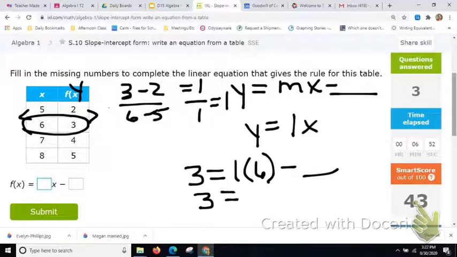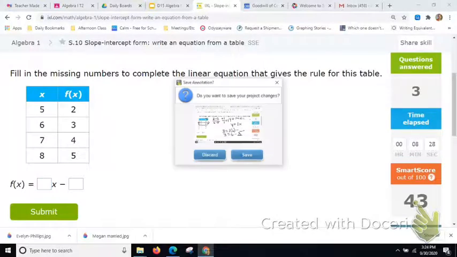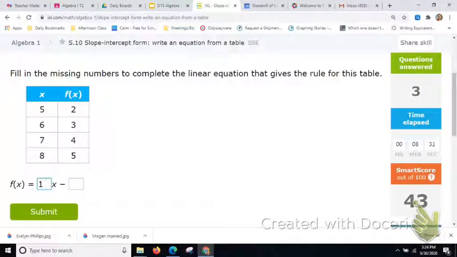So 1 times 6 is 6. What would I have to take away from 6 to make the answer 3? 3. So this is 1x minus 3. And the minus is already there. I type in the 1, and then I type in the 3.